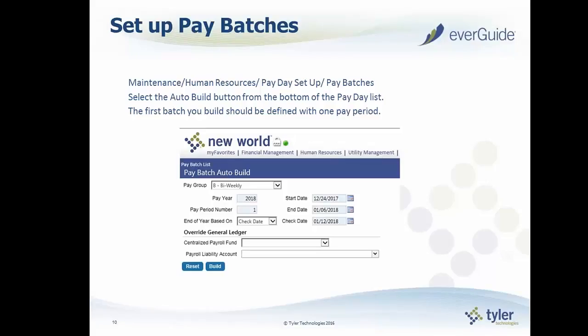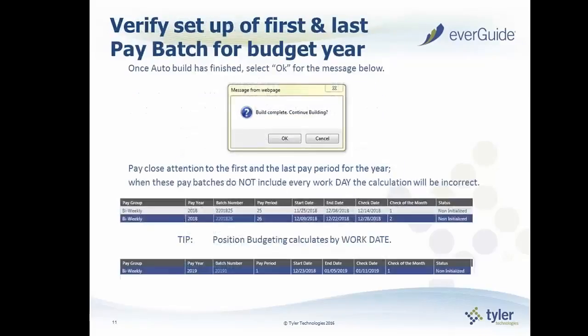My end date is 1/6/2018 with a check date of 1/12/2018. I also identify which pay period number it is, and then I hit build. Once I've selected build, I get a little pop-up that says the build is complete. Do you want to continue building? And I say okay. That's part of the process that will set up the full year of pay batches for you.